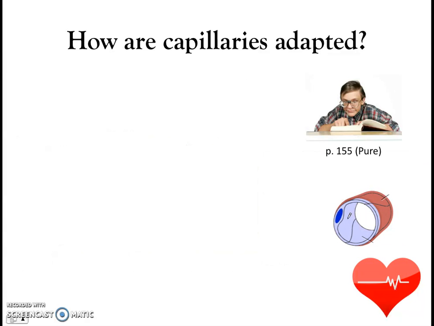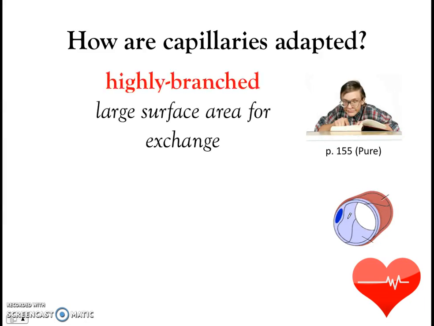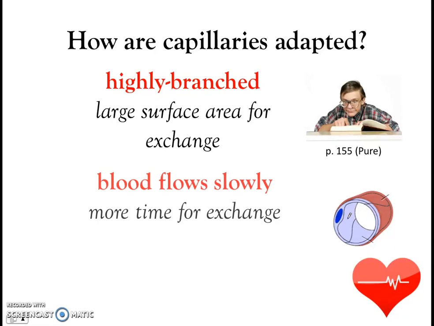Okay, so how are capillaries adapted for their function? Well, firstly, capillaries are highly branched, so that allows a large surface area for exchange of substances with the tissue cells. Secondly, the blood in capillaries flows very slowly, and that allows more time for substances to be exchanged between the capillaries and the tissue cells.